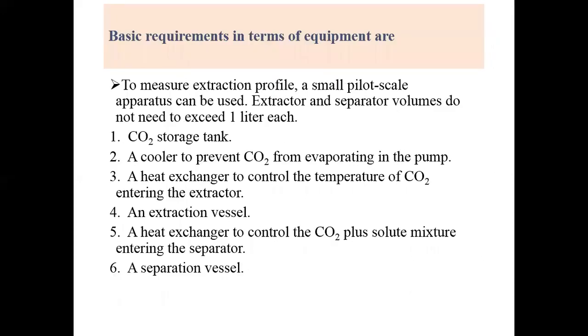The basic requirement in terms of equipment, to measure the extraction profile, is that a small pilot scale apparatus can be used. Extractor and separator volumes do not need to exceed 1 liter each.